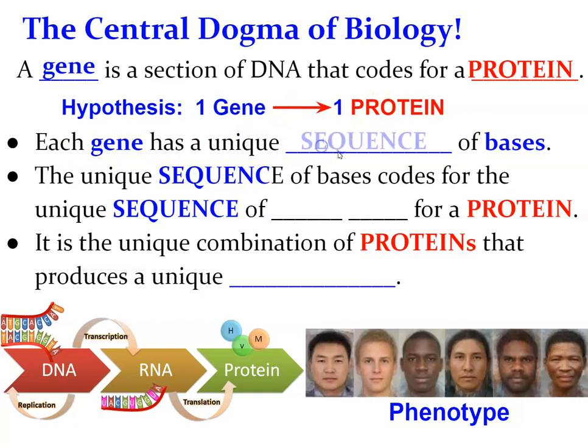Each gene has a unique sequence of bases, and the unique sequence of bases codes for the unique sequence of amino acids in the polypeptide or protein. And it's the unique combination of proteins that produces a unique phenotype. All right, so again, that's basically what's shown in the diagram at the bottom, and that's what's known as the central dogma of biology. It's the essence of life.